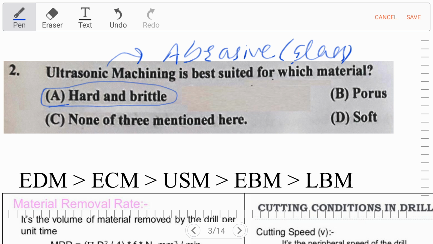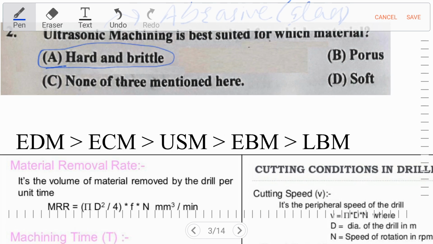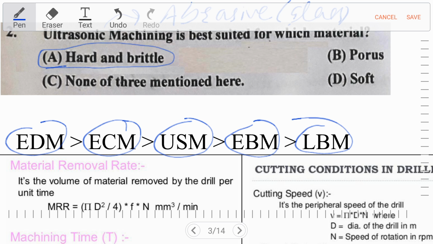Let's see another important information. Over here EDM, ECM, USM, EBM and LBM. The material removal rate of LBM is very low compared with the electro discharge machining process. In laser beam machining, the material removal rate is very low.